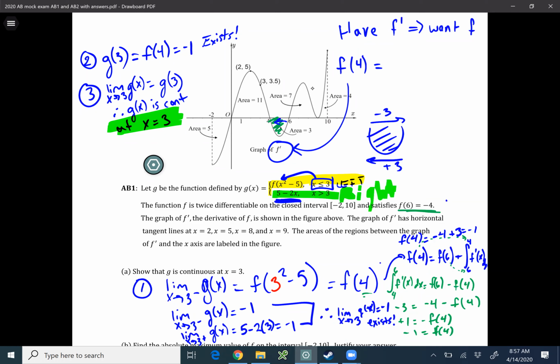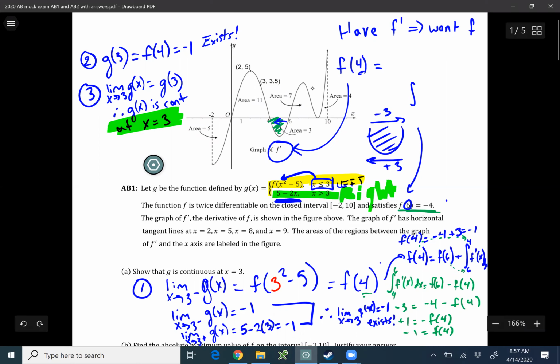And integrals will always have 2 endpoints, right? So if we're thinking like, okay, what are my 2 endpoints going to be? Well, they gave us 6. So we know we're going to use 6 and we want 4. So those are the 2 points that I know about. So that's why I'm doing the integral from 4 to 6. Now it depends on which way I want to think about it to which way I set it up.